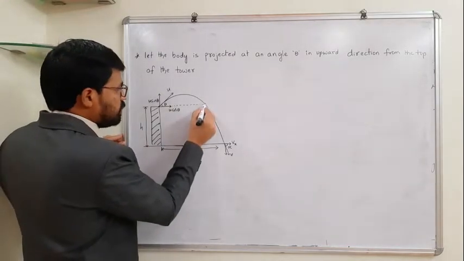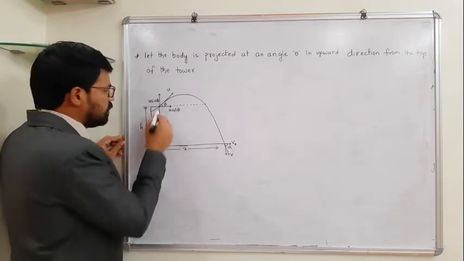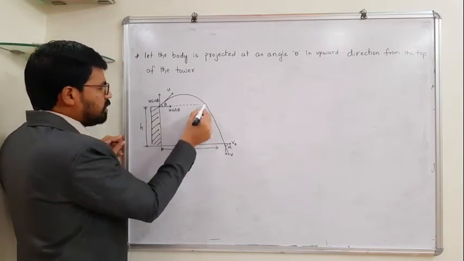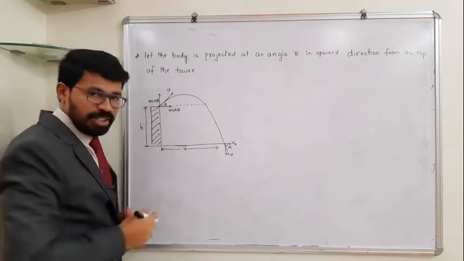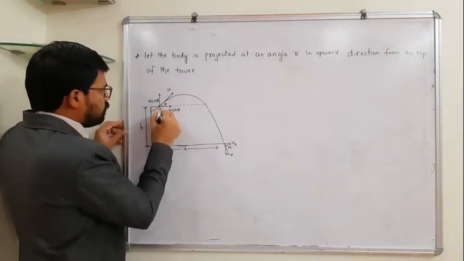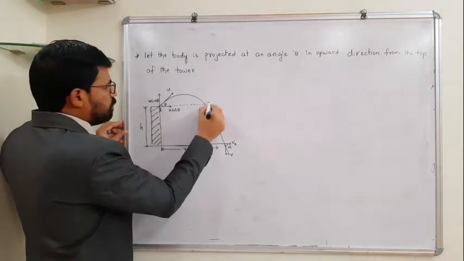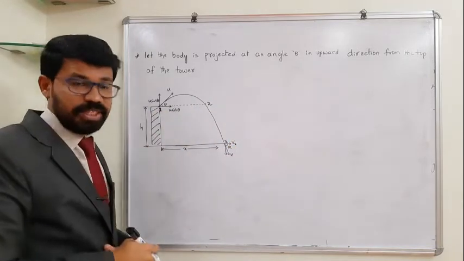One thing I am interested in is how much time it takes to reach this point. That is known to us. This point is at the same level as the point from where the body is projected, isn't it? So I will call this point 1, this point 2. The third point is where it is striking the ground.